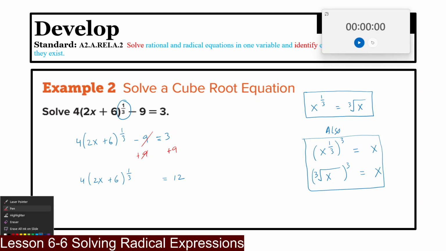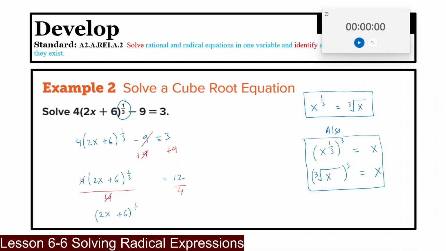Right. Now I need to get rid of the 4. The 4 is being multiplied, so I'm going to have to divide by 4 on both sides. So what do I get? I get 2x plus 6 raised to 1/3 equals 12 divided by 4, which is 3.